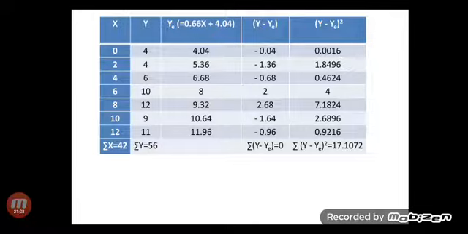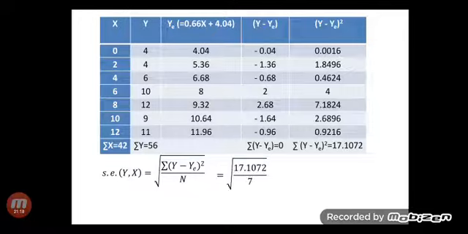Then we get summation y minus ye whole square equal to 17.1072. Here we also calculate the standard error of the regression equation y on x. So this is the formula. Here we put the values, that is the square root of 17.1072 by 7, and that is equal to 1.563.